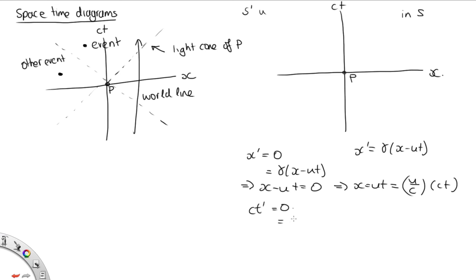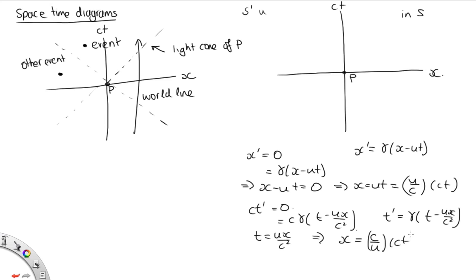So this is equal to c gamma times, from our Lorentz transformation for time, we know t prime is equal to gamma times t minus ux over c squared. And so this is solved when t is equal to ux over c squared. Let's rearrange this in terms of x. So x is equal to, we can write this as c over u times ct.